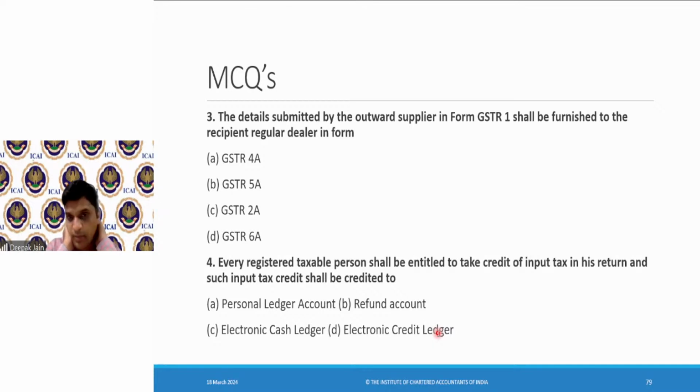Aggregate turnover means one PAN, not one GST number. Aggregate turnover is always one PAN all over India.